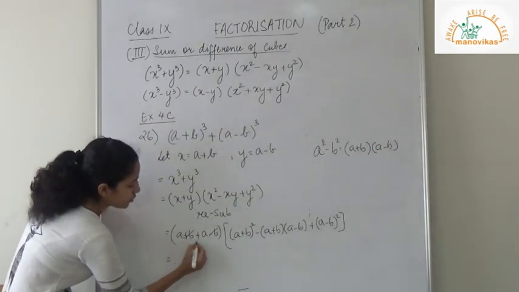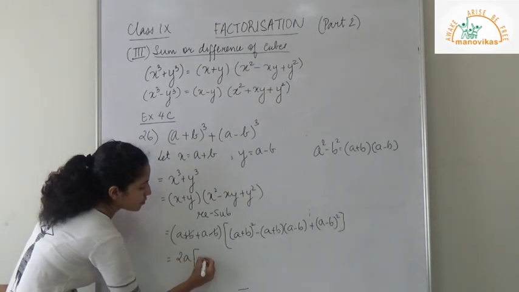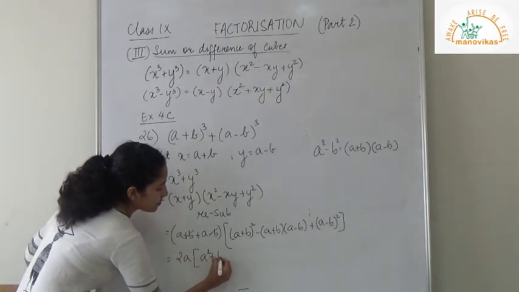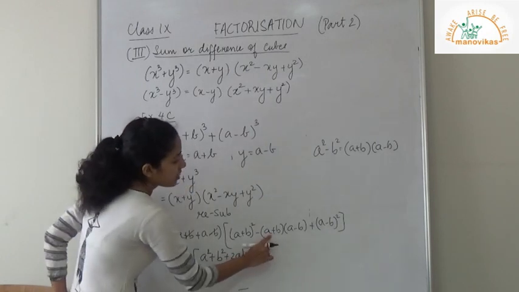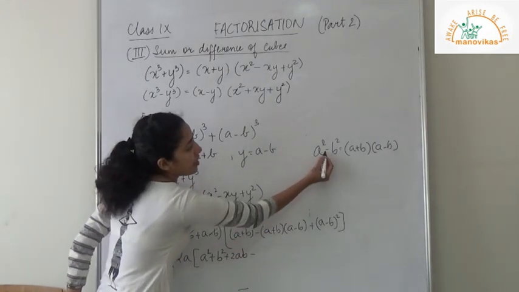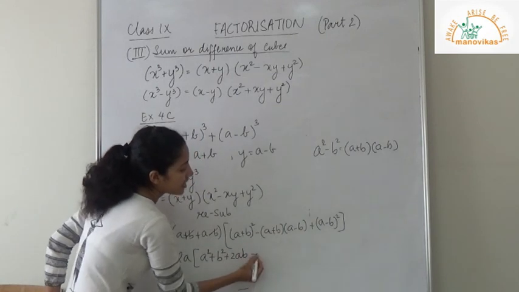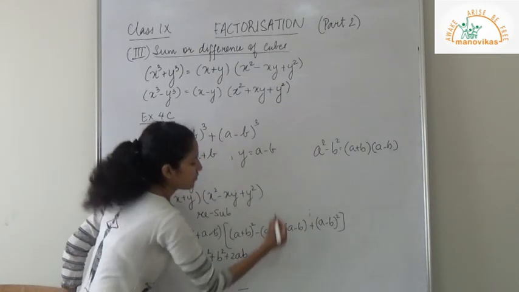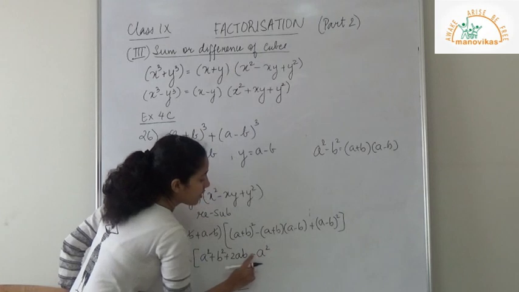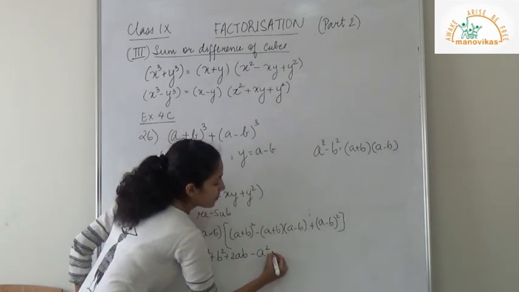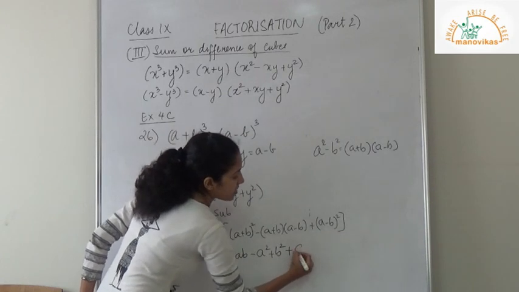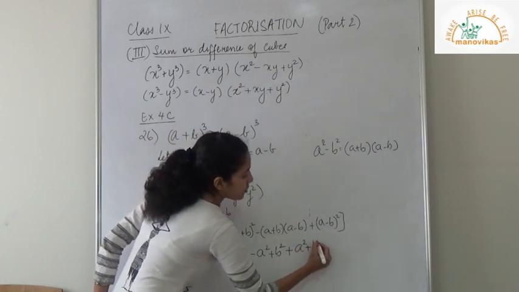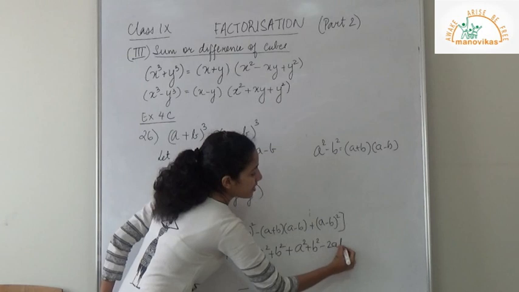So I have 2a, then a square plus b square plus 2ab minus a square minus b square, so I will be multiplying the negative sign inside itself. So I get a square, minus of minus will give me plus, and the expansion of this, a square plus b square minus 2ab.